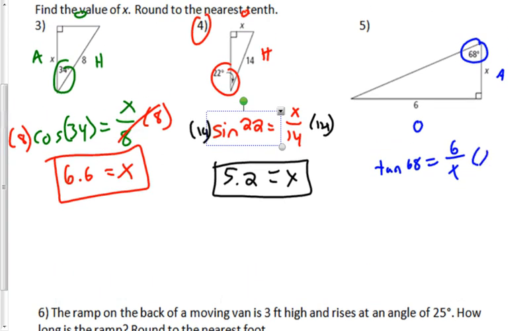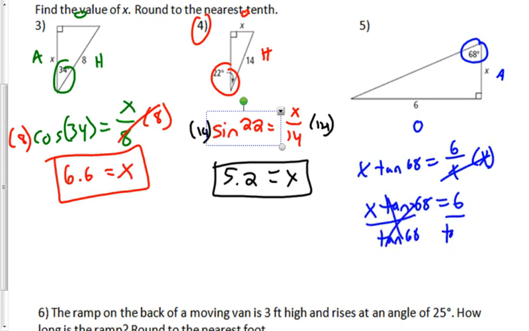So we have x times tangent of 68 equals 6. Now to get x by itself, we have to divide by tangent of 68.